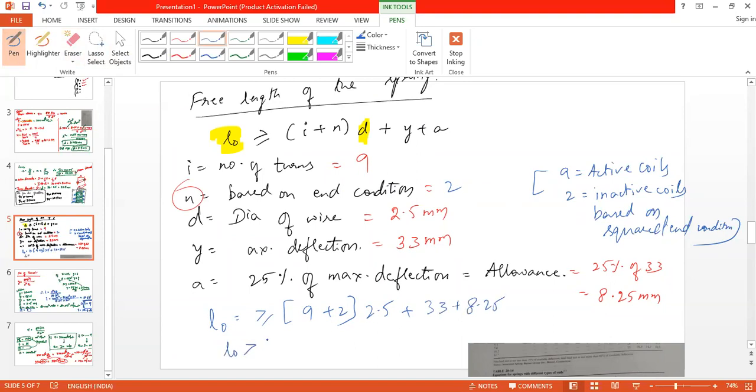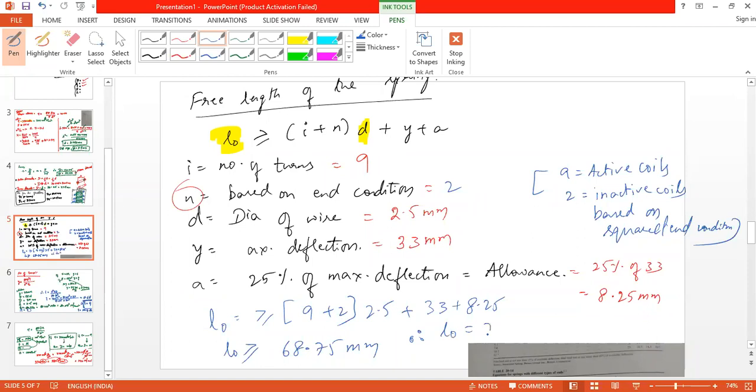What is the answer? 68.75 mm. So the free length of the spring must be greater than 68.75 mm.